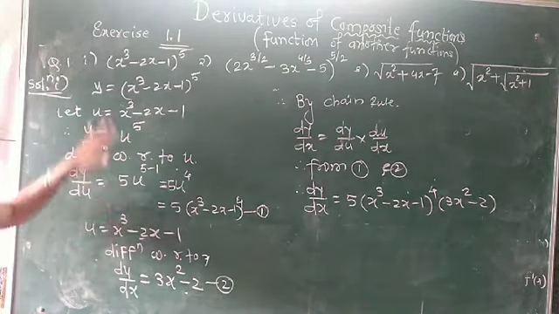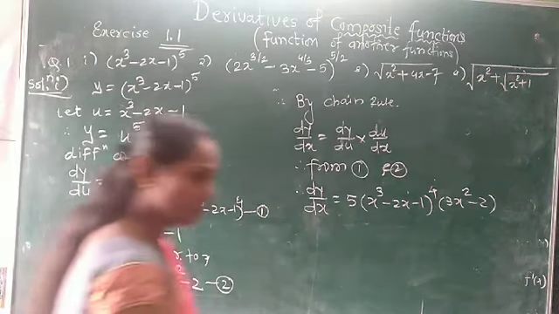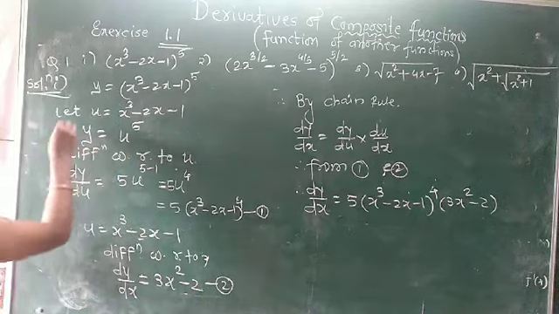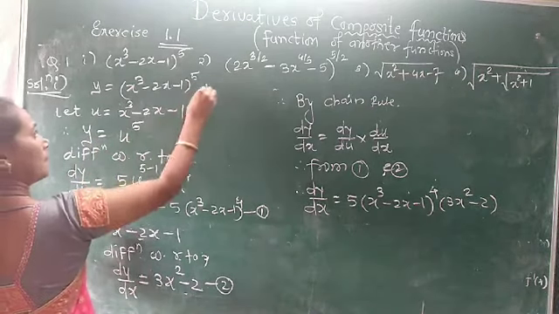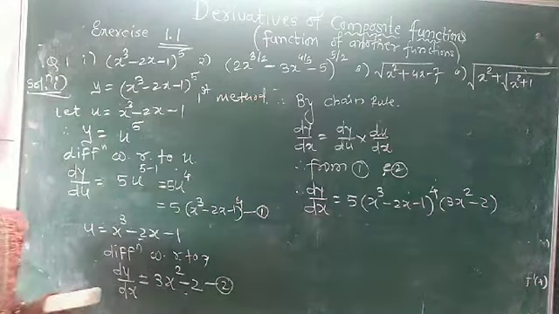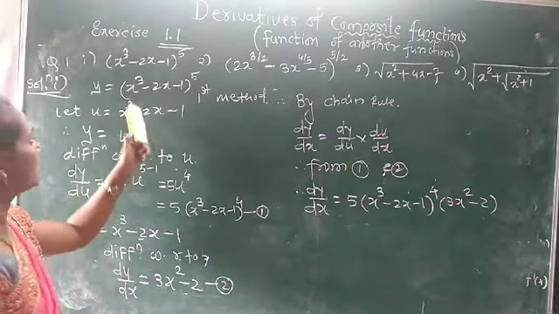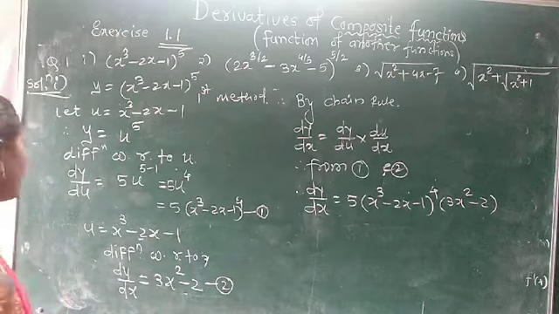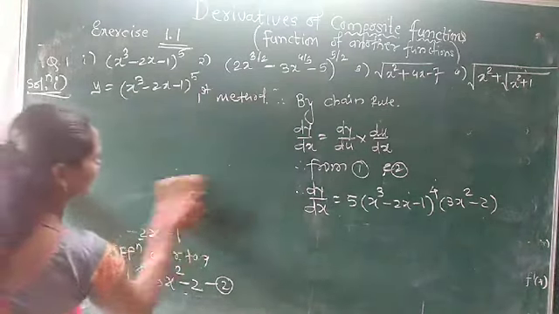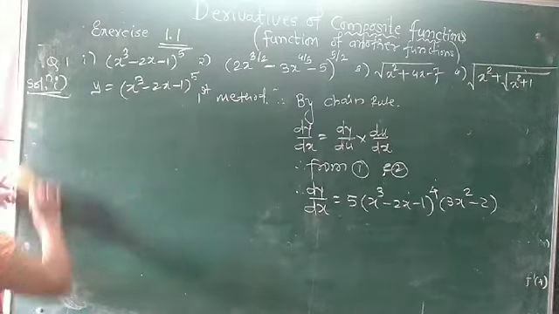Now we can solve this example by the direct method. That was our first method. Now we start solving this example by the second method. How to solve by the second method? Directly we solve this.